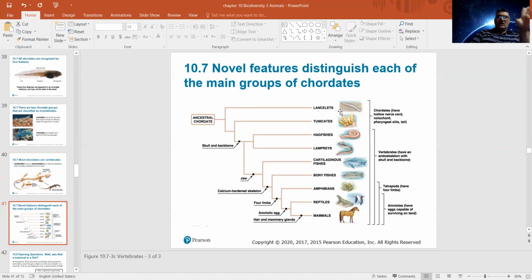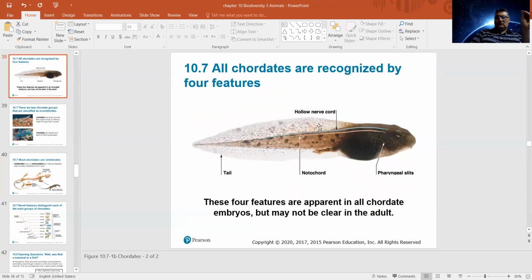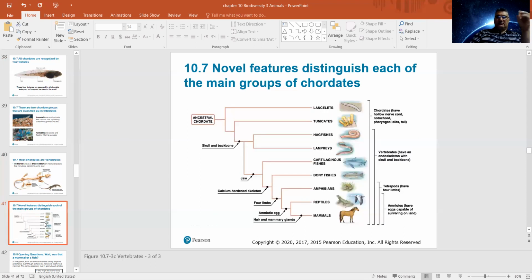We discussed this. This is in common to any chordate, whether it is vertebrate or not, and I showed you the picture. They share all of this. So this is in all of them. The first one is lancelets. Obviously, it will have this, but that's it. You don't have any additional things.